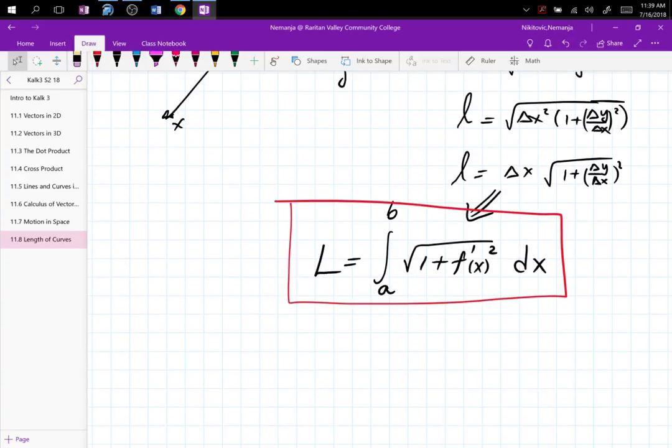We want to take a look at this and say, well, can I have this in terms of polar coordinates, and can I have this in terms of parametric equations? Because remember that r is given as a set of parametric equations, so it should be very useful to have the length of curves that involves the parametric equation set. So let's do that. Let's take a look at the parametric form.